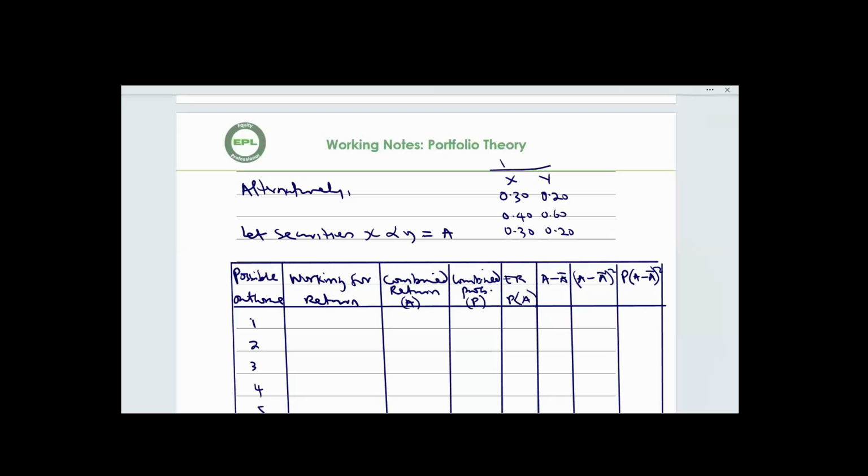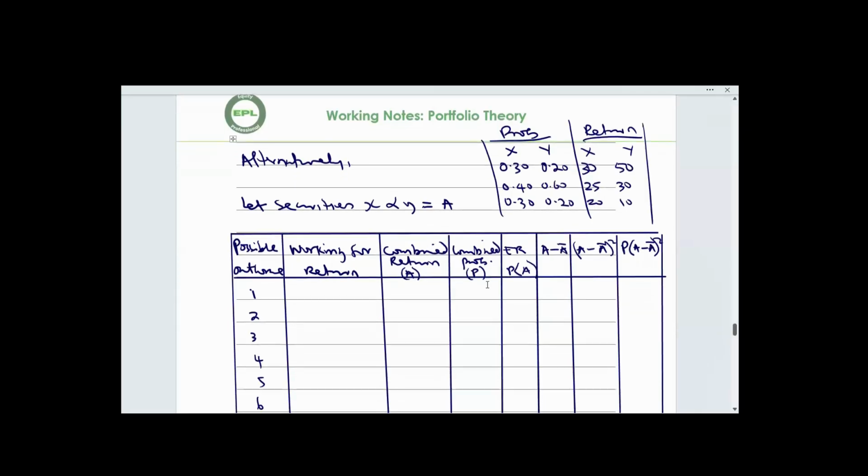This is probability, then this is return for X and Y. So give me the return of security X. 30, 25, 20. Okay, for Y? 50, 30, 10. Okay, so this will help us.